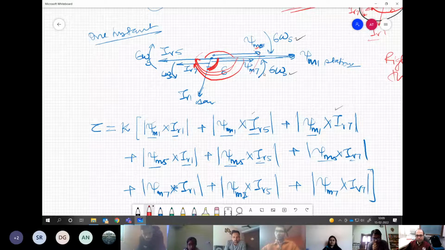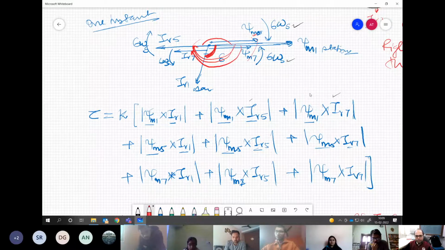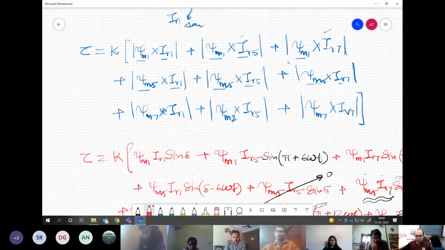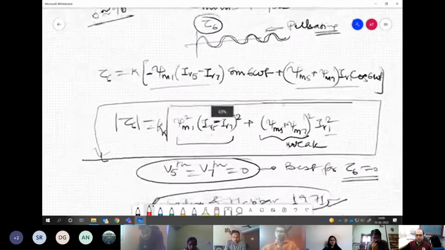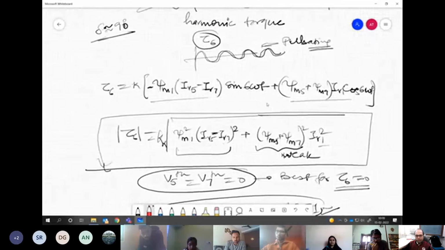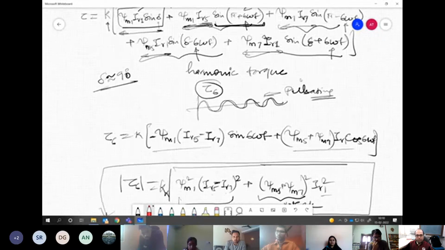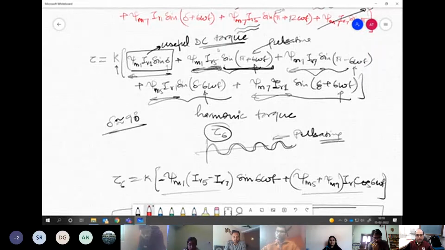When we take this, both of these interact with the fundamental flux and fundamental current and result in a torque, which is something like this. As you can see, for the steady state torque, that means the DC torque, all the quantities are constant here. If you talk about flux, this is the RMS value.